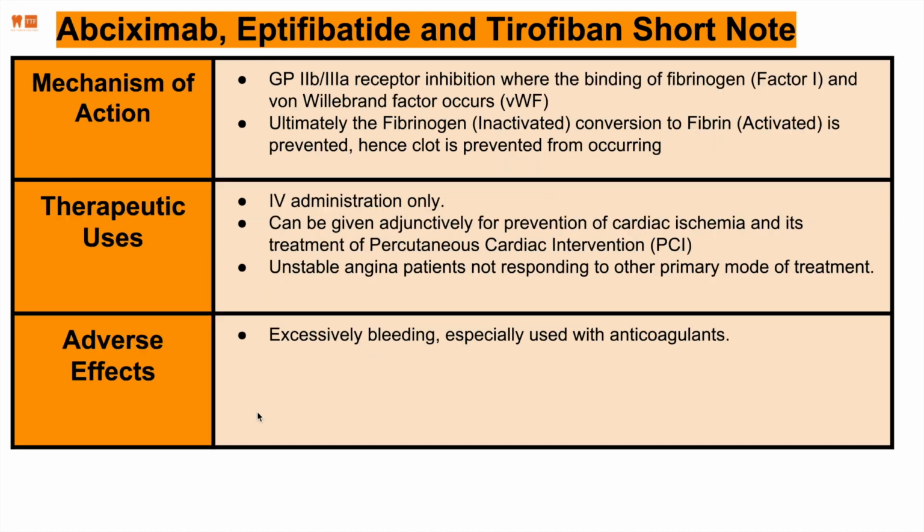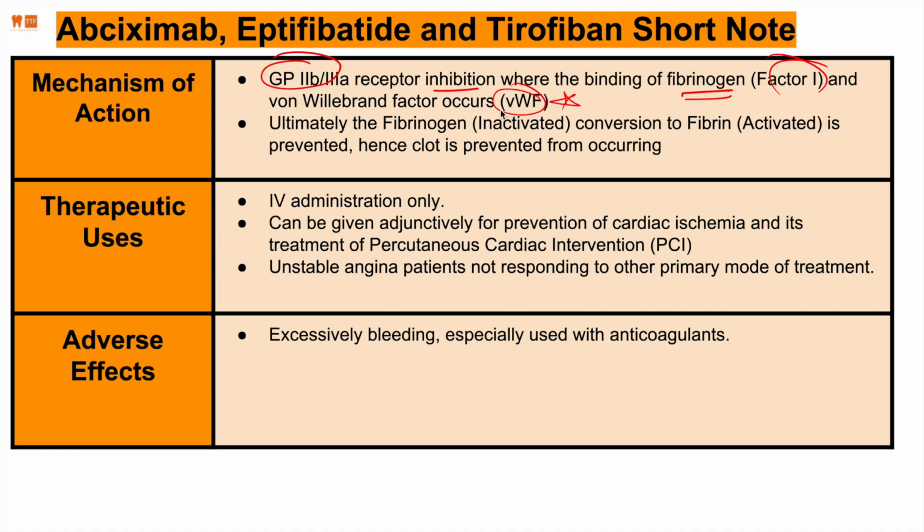Fair enough? Awesome. Abciximab and eptifibatide and tirofiban. These are those drugs that specifically act on the glycoprotein receptor inhibition, where the binding of the fibrinogen, factor number 1, takes place, and von Willebrand factor, which is also associated with bleeding and its diseases as well.